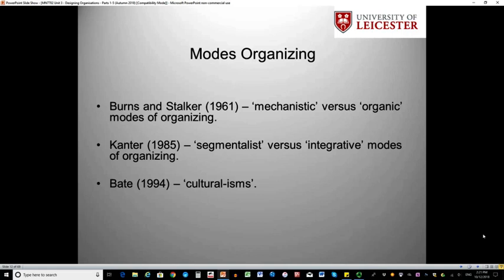I recently reviewed an article for the British Journal of Management, which is a very good journal, and that was a review of the way that this model of different modes of organising had been used over the last 40, 50 years.